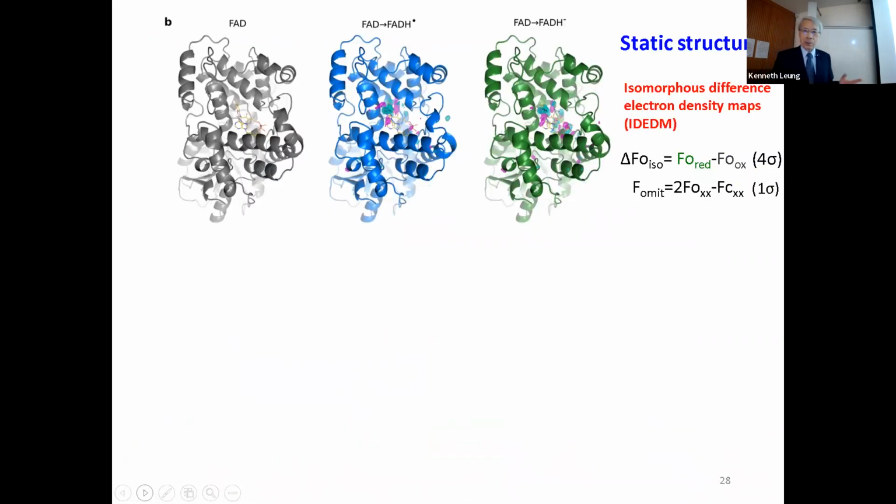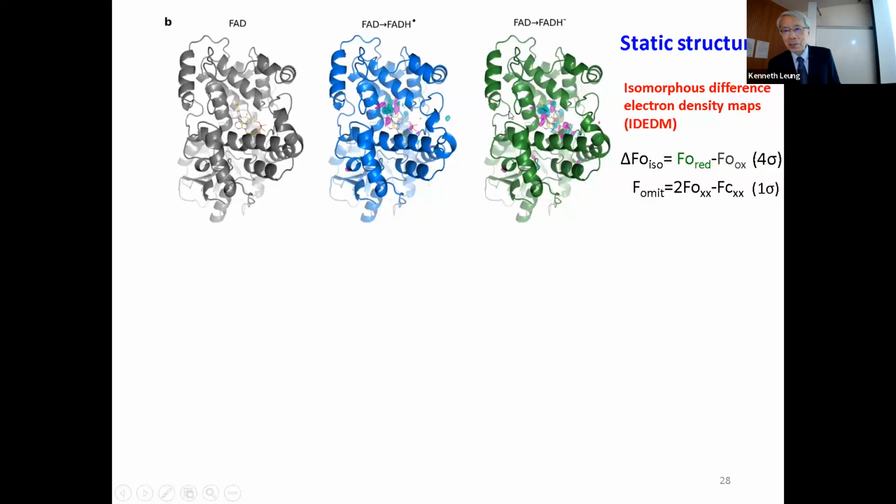Here what you see is we first look at the 3 major states: FAD, H dot, that's after 1 electron transfer. This is ADH minus, 2 electron transfer. And then you do a superposition, then you do a difference map. The different colors you see here represent different maps between this structure and the first structure, and between the third structure and the first structure.